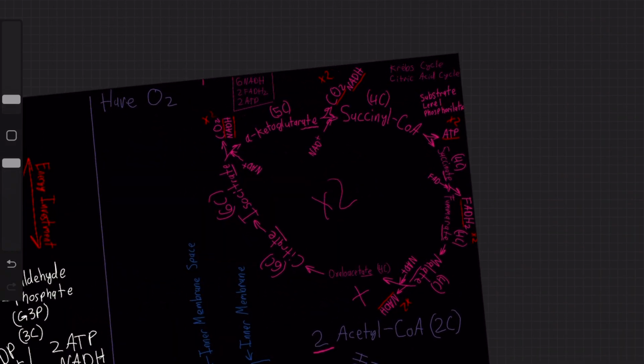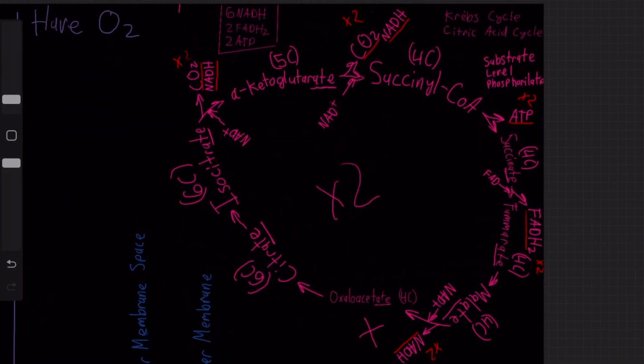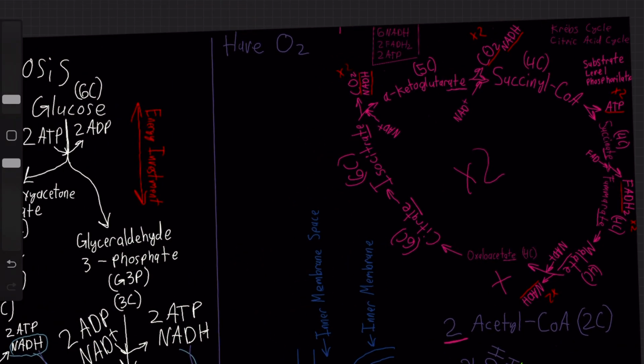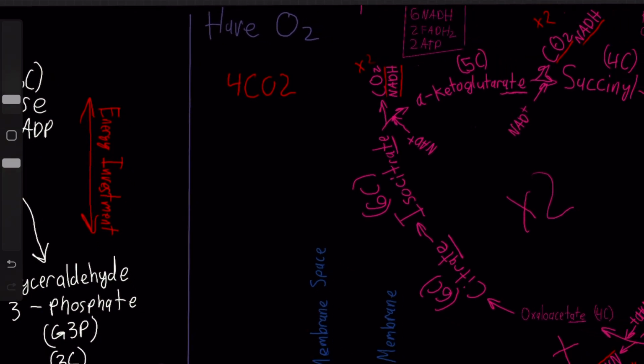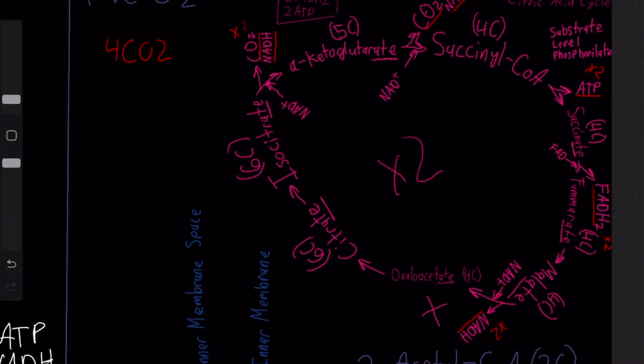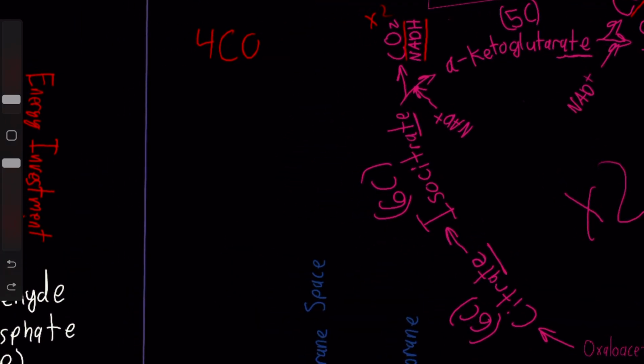So in total, we produced 4 CO2 from the Krebs cycle. We produced 2, 4, 6 NADHs.